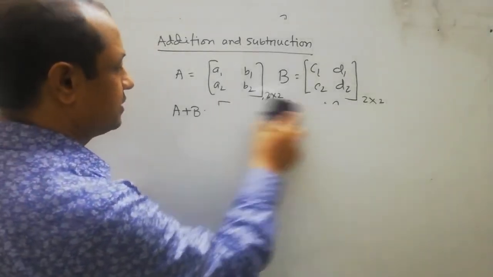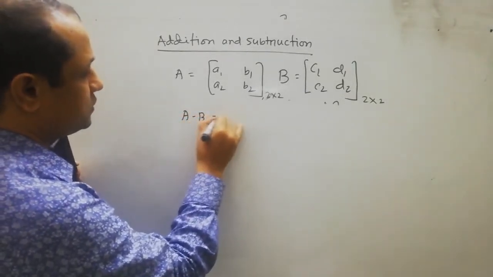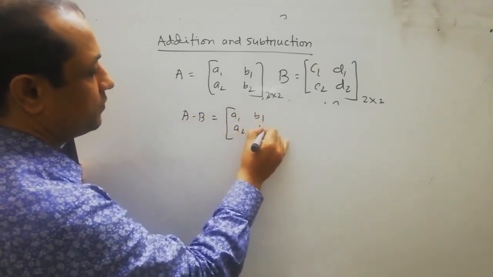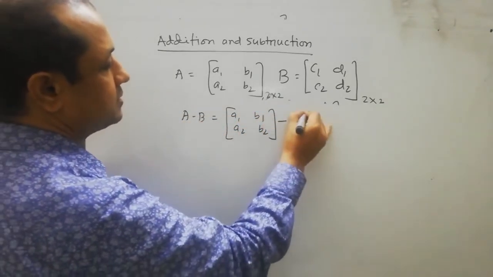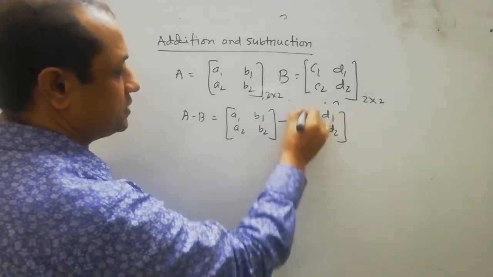Next, subtraction. This is the same order. So A minus B equals A1, B1, A2, B2 minus C1, D1, C2, D2.